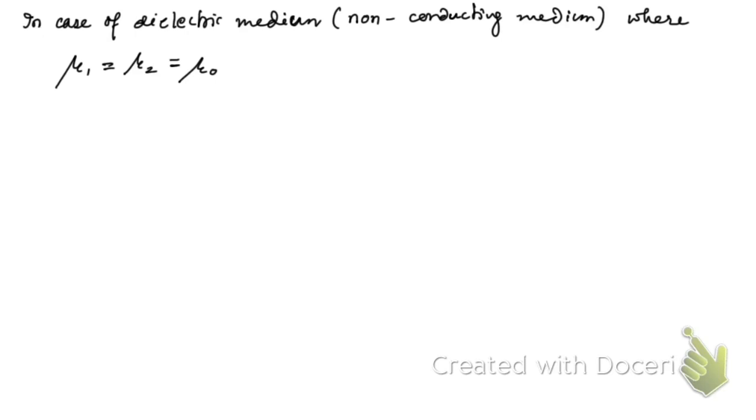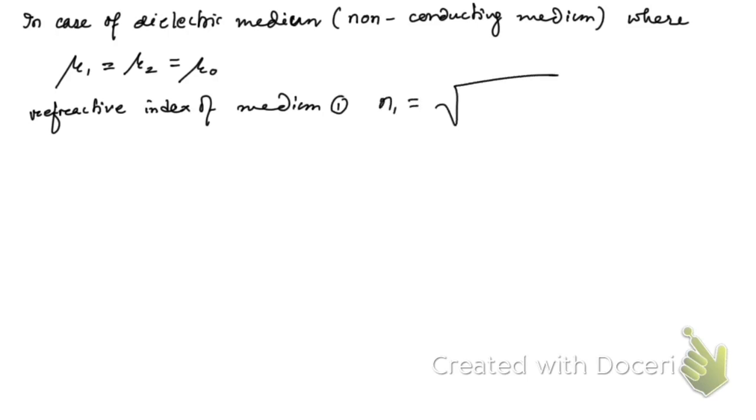Now the refractive index of medium 1, let me call it n1, is equal to root over relative permeability mu1 by mu naught, that is mu r, times relative permittivity epsilon 1 by epsilon naught.